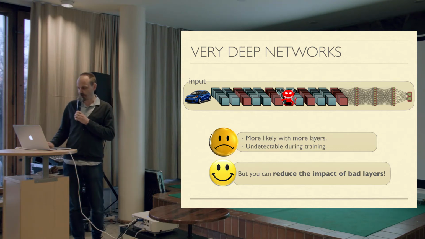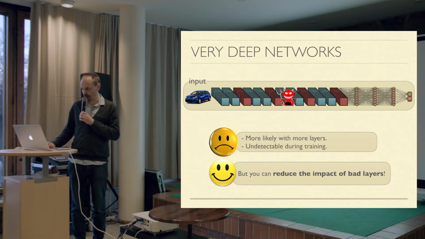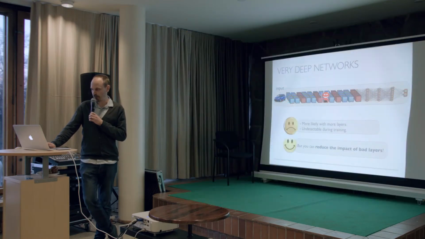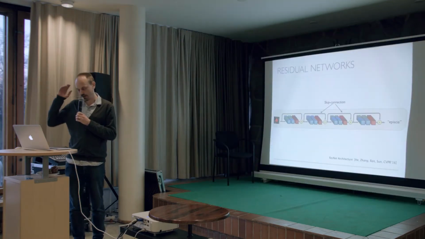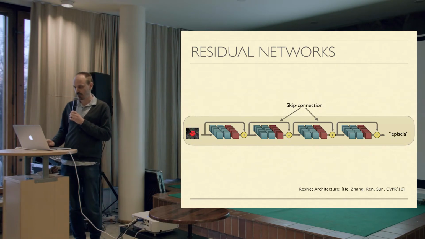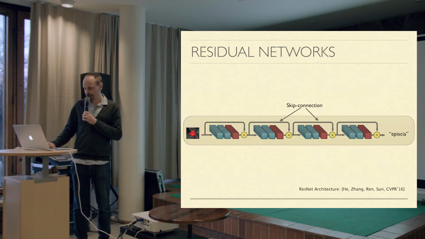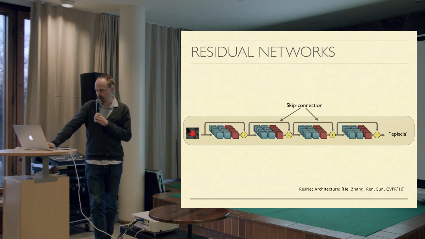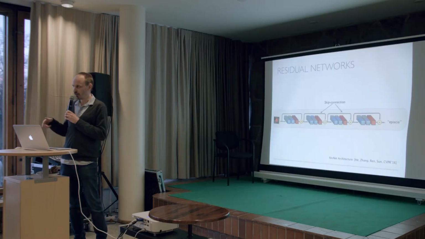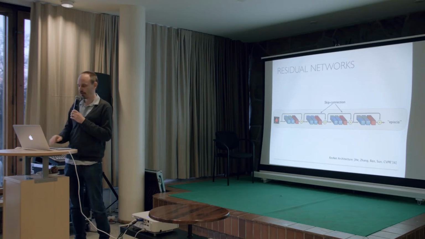So, okay, we want to reduce the impact of the bad layers, and stochastic depth is a way to do that. Stochastic depth works on top of residual networks. The idea with residual networks is that between all of the layers in a deep network, we add an identity connection, which means that after each layer we sum up the result of this layer plus whatever was the input to that layer.